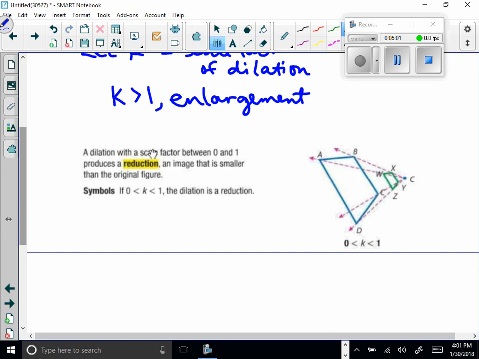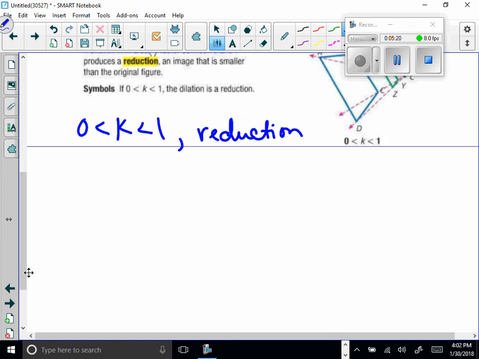A reduction is if k is between 0 and 1. We say between because we don't want a negative value for our scale factor. That's where we're going to shrink something.